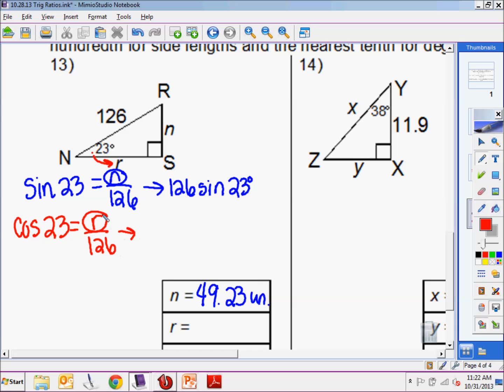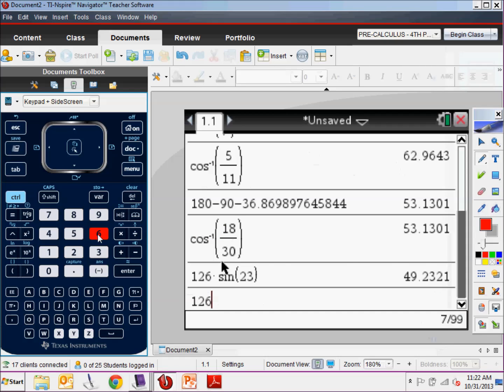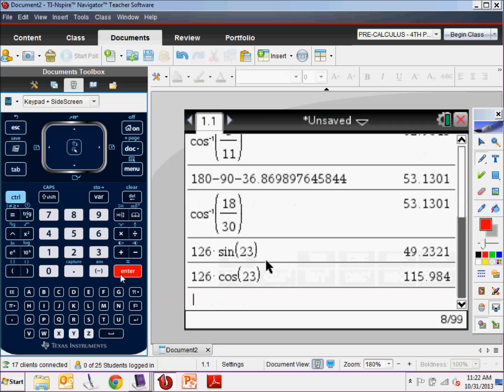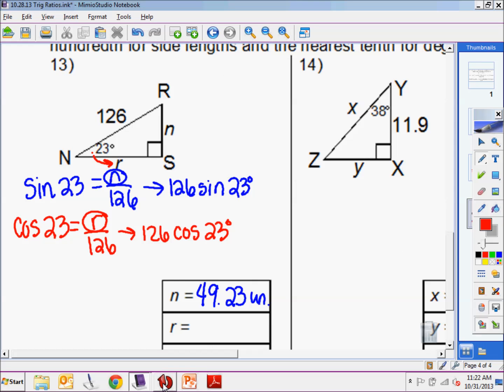My variable is in the numerator, so I'm going to multiply. M and N go together. Think about it alphabetically. Okay? So 126 times cosine of 23, rounding to the nearest hundredth, is 115.98.